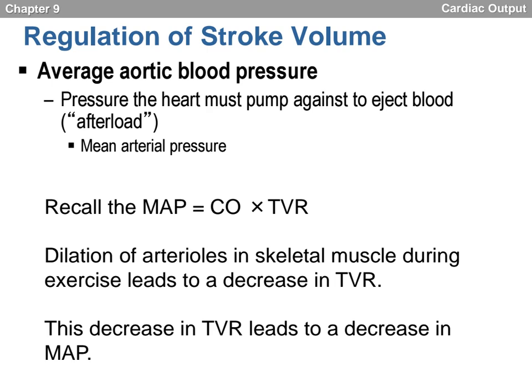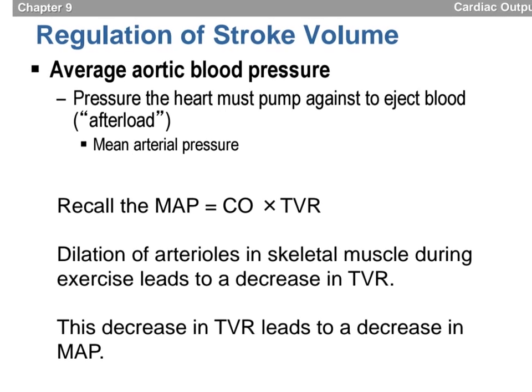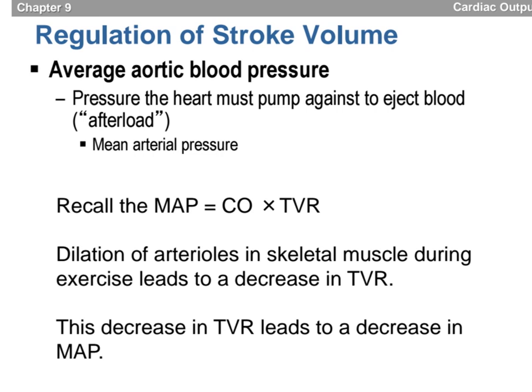There are some good things, though. Recall that mean arterial pressure is equal to cardiac output multiplied by the total vascular resistance. So when you're exercising, things are sort of reversed a little bit. During exercise, there's dilation of the arterioles in skeletal muscle, because remember, we need to bring more oxygen and nutrients to the skeletal muscle. And this naturally is going to decrease the total vascular resistance, because the arterioles are a major part of the control of total vascular resistance.